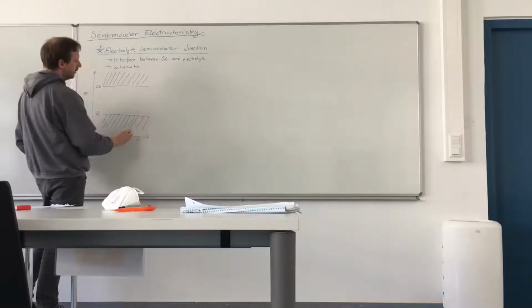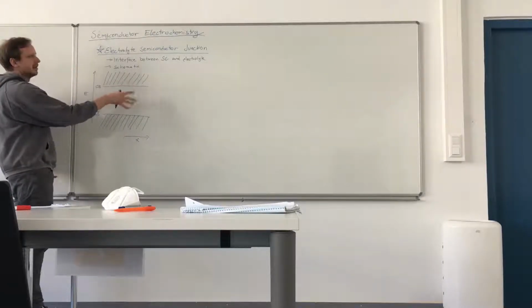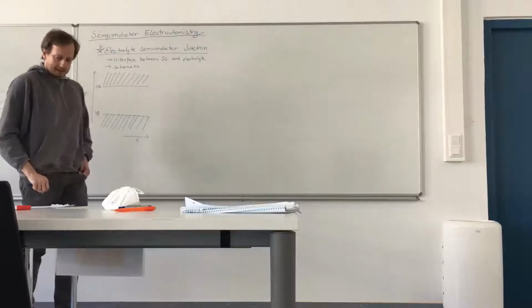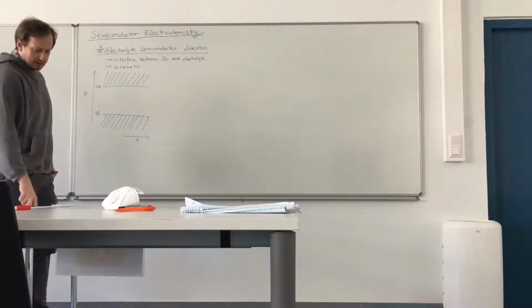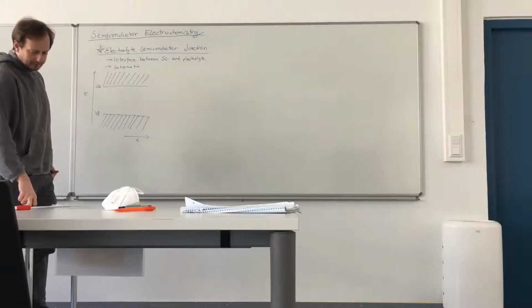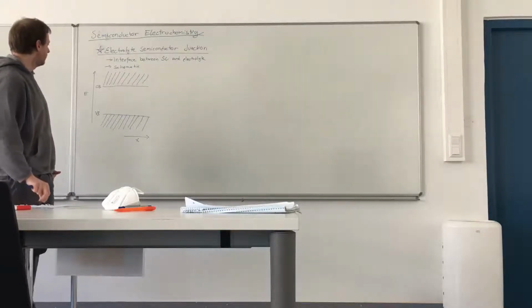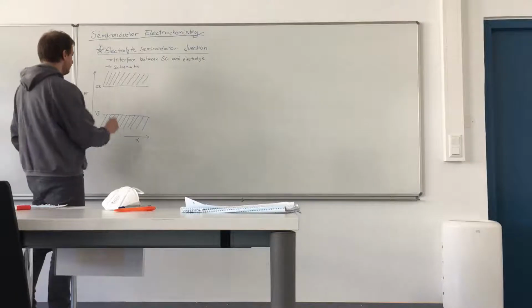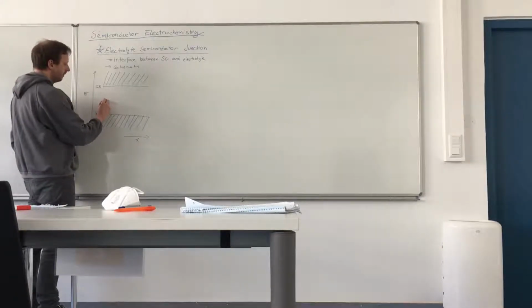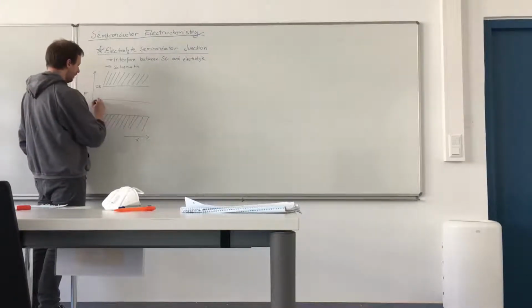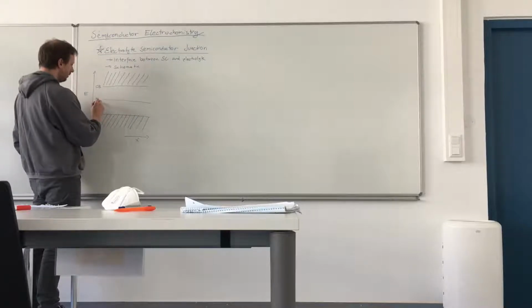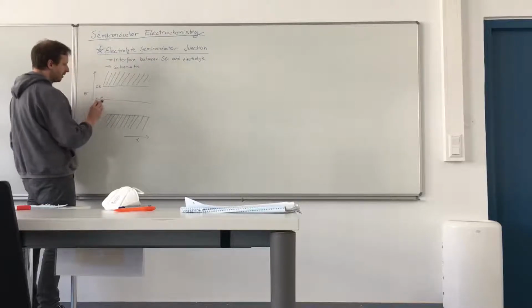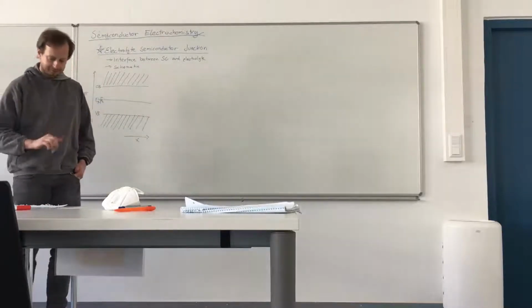I just want to indicate areas where you find a lot of allowed states that an electron can occupy. In between the valence band and the conduction band, we have the Fermi level, let's denote it as EF, which is approximately the electrochemical potential of the electron.